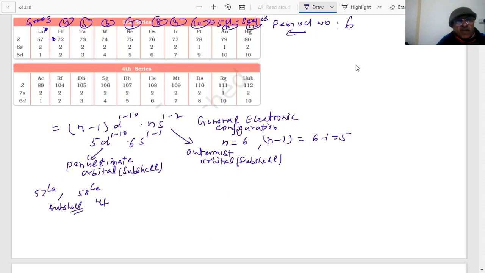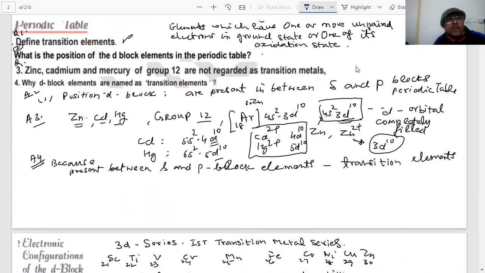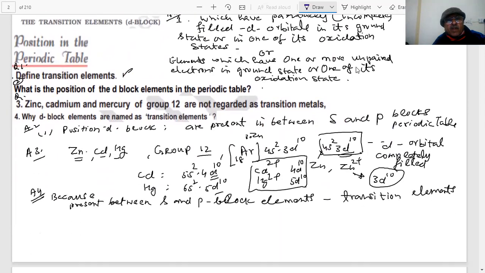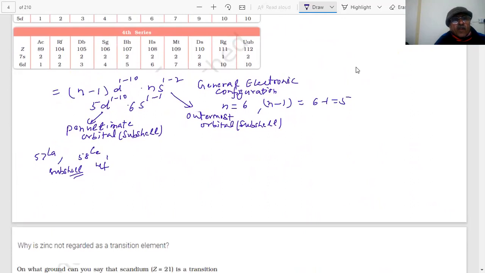It starts with cerium and goes up to lutetium. After lanthanum 57 come cerium, praseodymium, neodymium, promethium, and so on, cerium to lutetium. The 4F subshell starts filling, 4F1 to 4F14.